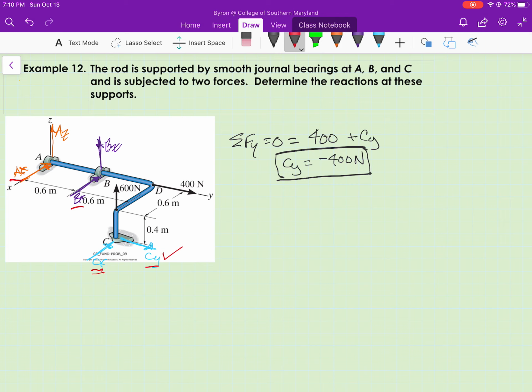So that's probably not the first choice for including C sub x in an equation of equilibrium.